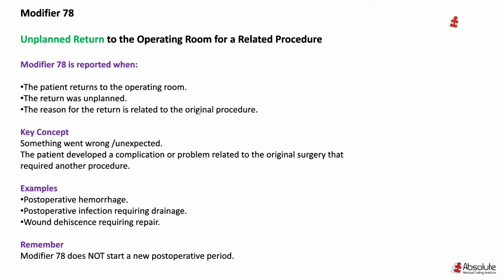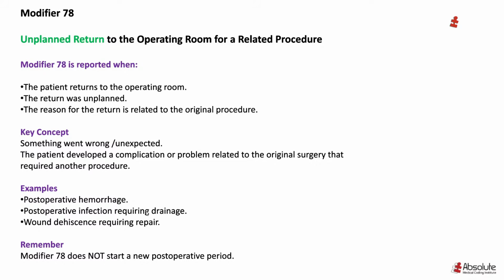The return was unplanned. The reason for the return is related to the original procedure, right? And it's in that global period. So the key concept is something went wrong or unexpected. The patient developed a complication or problem related to that original procedure, and it required another procedure.